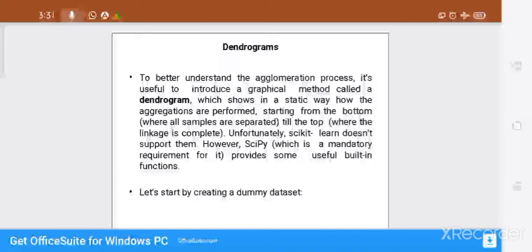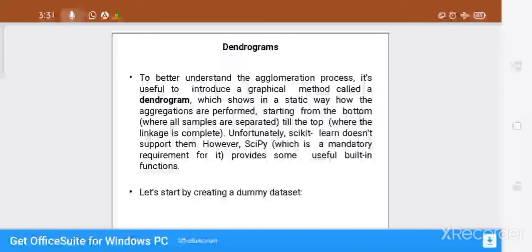In the agglomerative process, it starts at the bottom and goes to the top, right? Unfortunately scikit-learn doesn't support this, so that's why we are using SciPy, which provides some useful built-in functions.